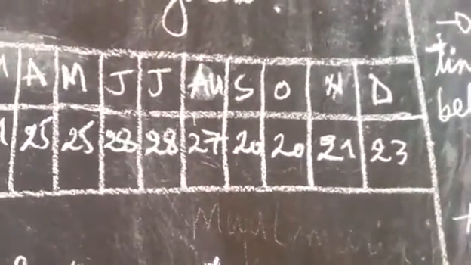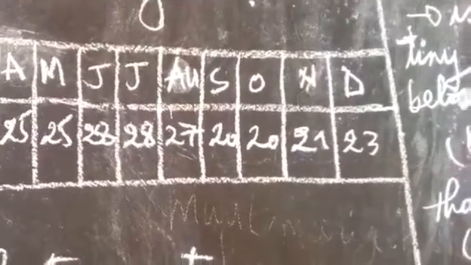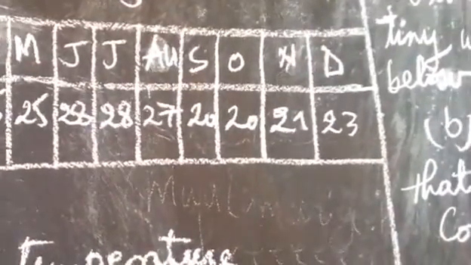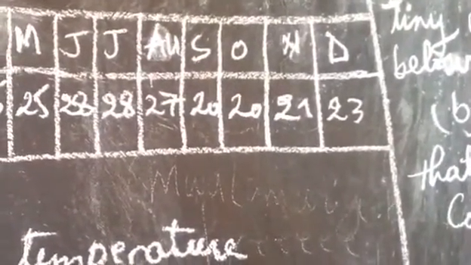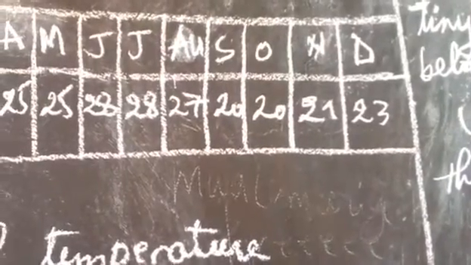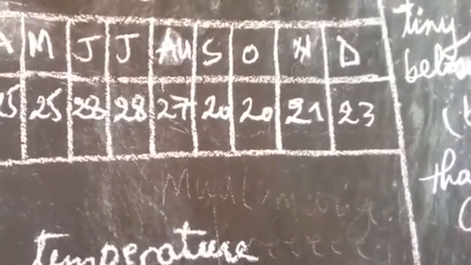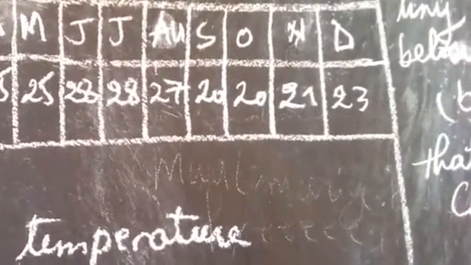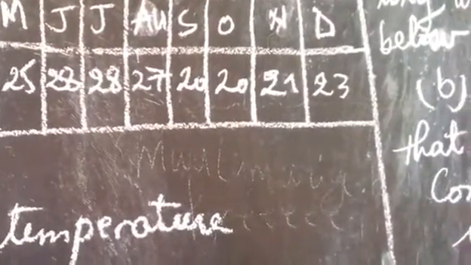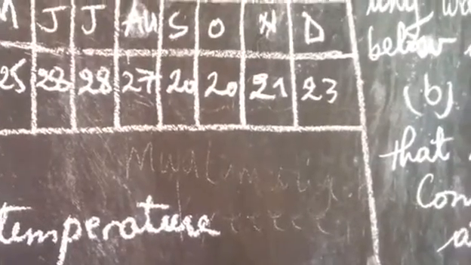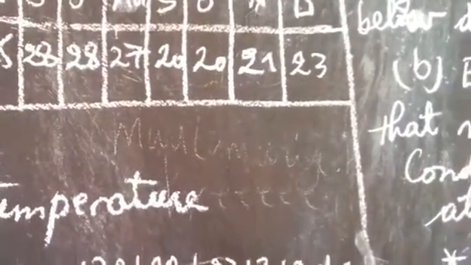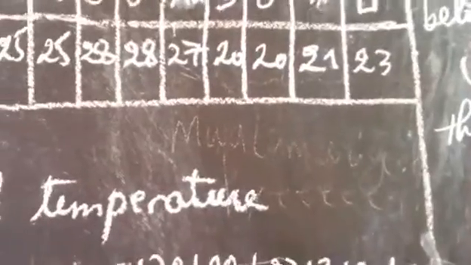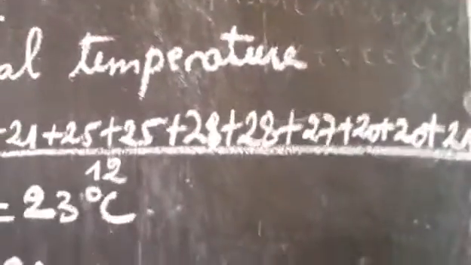We have the months of January, February, March, April, May, June, July, August, September, October, November, and December, and their respective temperatures. In January it was 20, February 18, up to December, which had 23 degrees Celsius. We are going to see the questions asked.